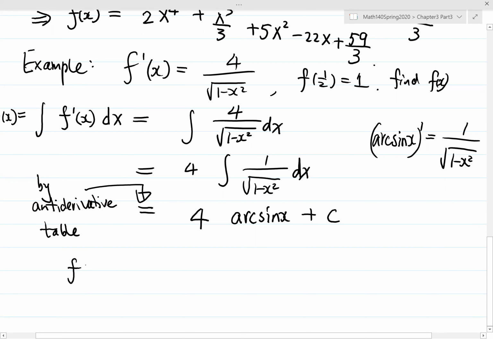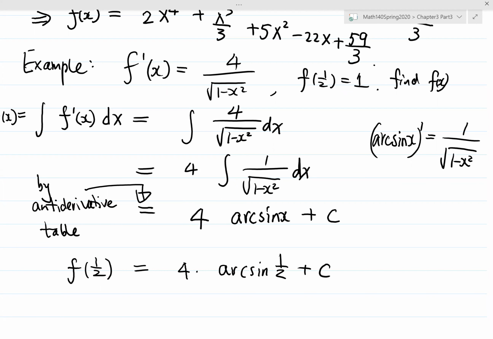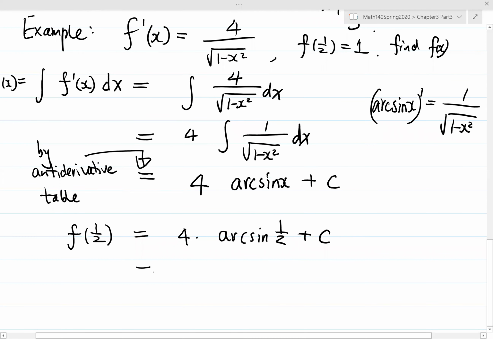So f of 1/2 will be 4 times arcsine 1/2 plus c. Remember, what is arcsine of 1/2? Sine of what angle is 1/2?